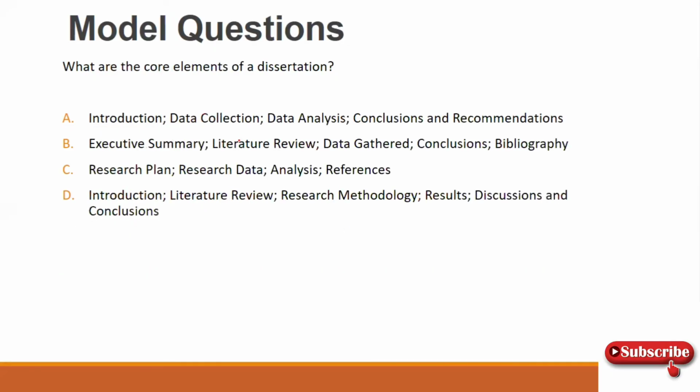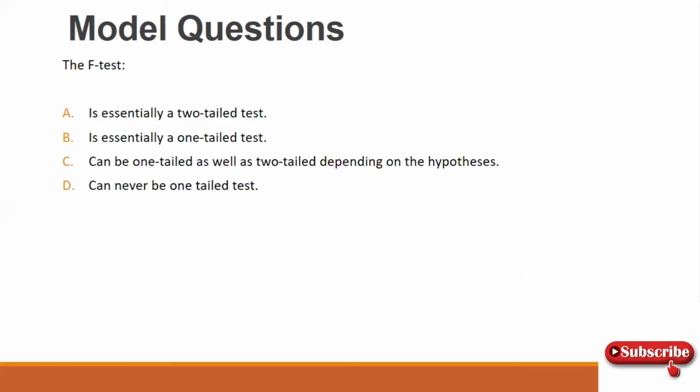The core elements of dissertation include introduction, literature review, research methodology, results, discussions, and conclusions. Then F-test. F-test can be one-tailed as well as two-tailed depending on the hypothesis. So the answer is the F-test can be one-tailed as well as two-tailed depending on the hypothesis.